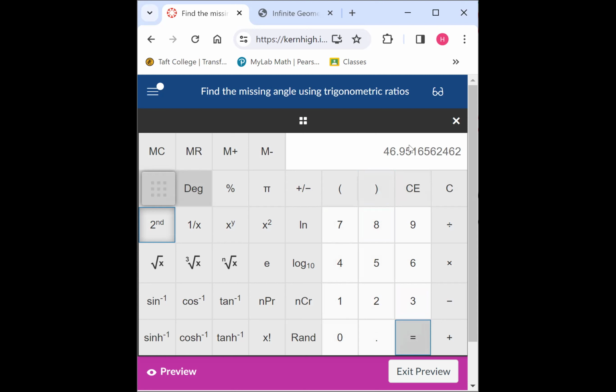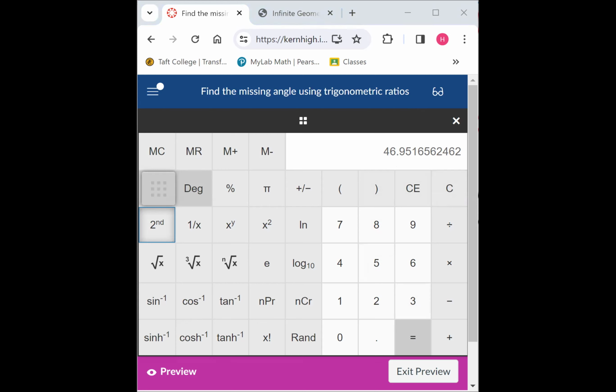So you're not rounding up, you're rounding way down. I know the 5 is going to push the 9 over, but because the 9 is at the limit, the 9 is going to push the 6 over. So my answer should be 47.0.